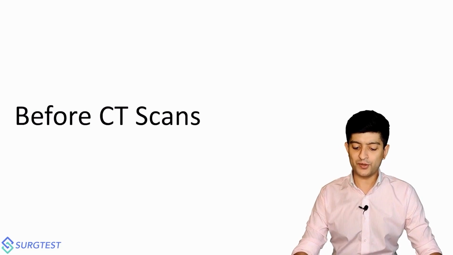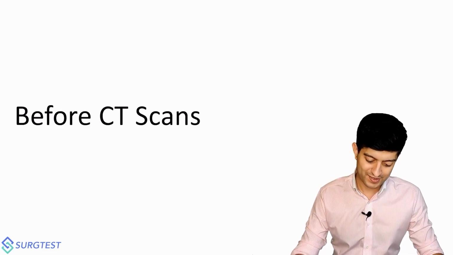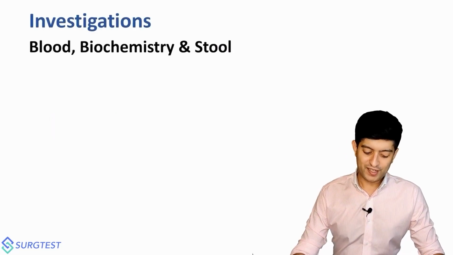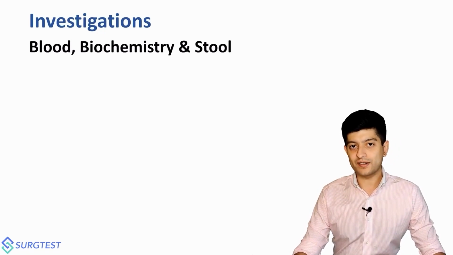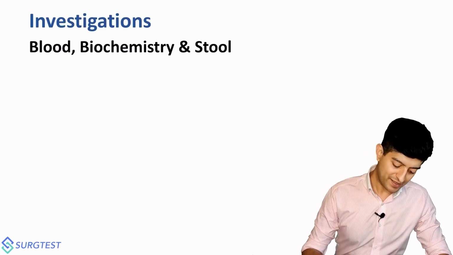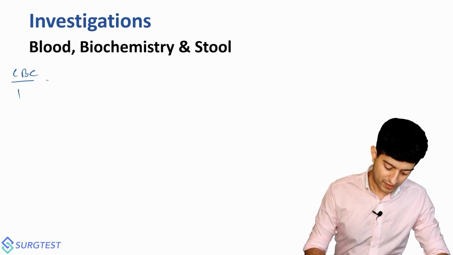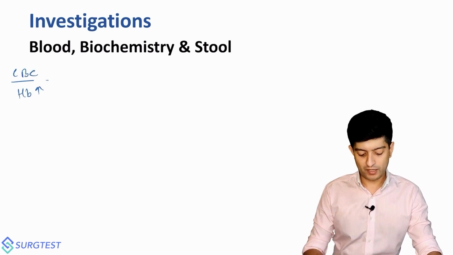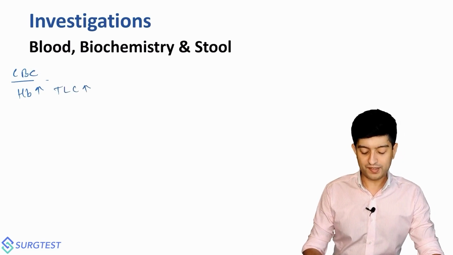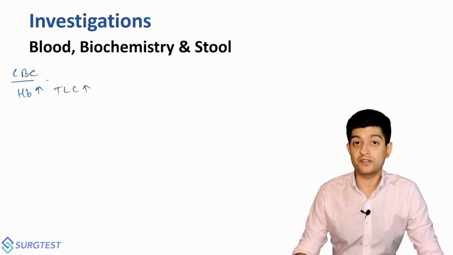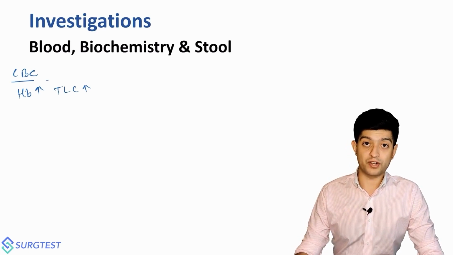Before I move on to CT scans, I want to discuss some other things. Specifically, what are the investigations you perform and what the findings are. So let's take this one by one. When you're performing a CBC, initially the hemoglobin levels and the WBC levels are all elevated. This is because the patient is suffering from hemoconcentration.